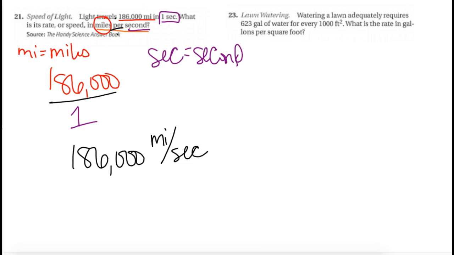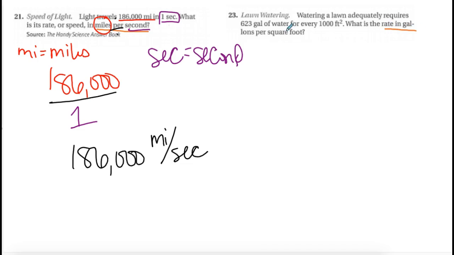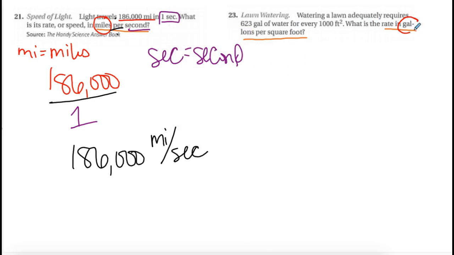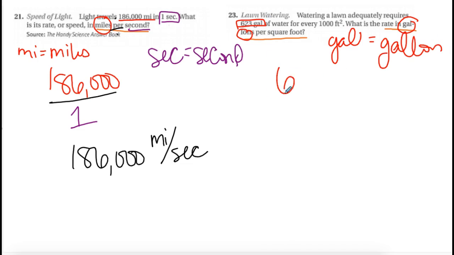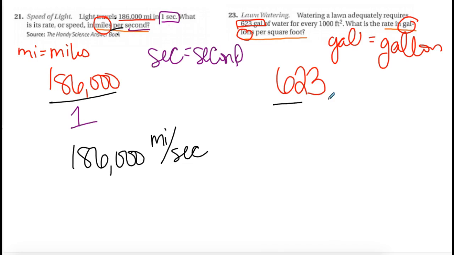Okay, so let's try one more. We're going to break it down. The rate in gallons per square foot. First amount is gallons. I see this. If you see the abbreviation GAL, that stands for gallon. So my number is 623. We put our division sign because we have the word per.